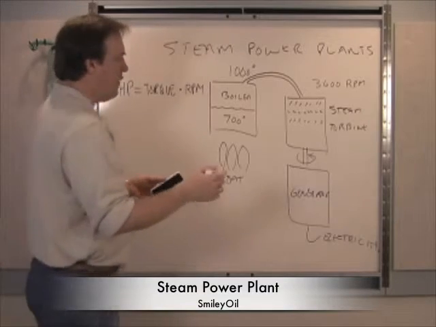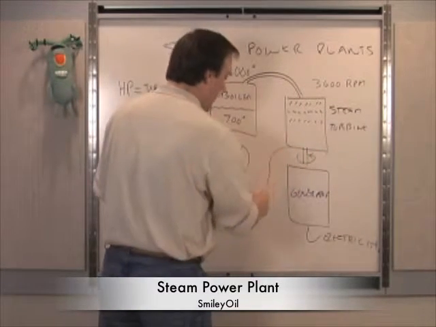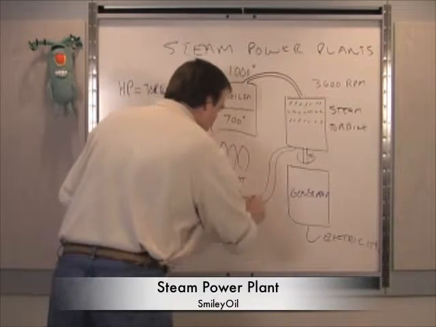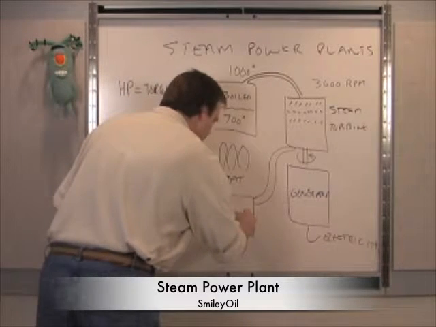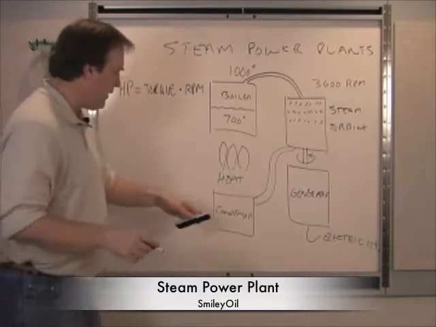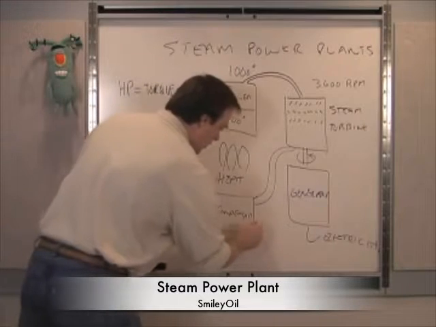Okay, now after the steam has gone through the 3 pressure drops, we bring it out and we take it into a heat exchanger, or a condenser. This condenser has cooling water cycling through it.